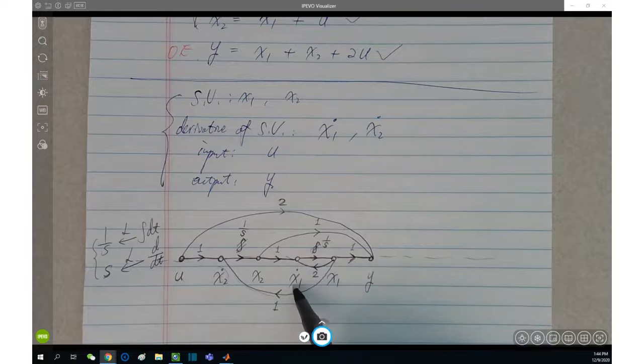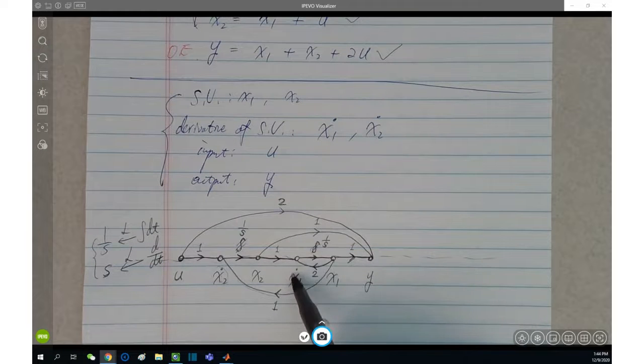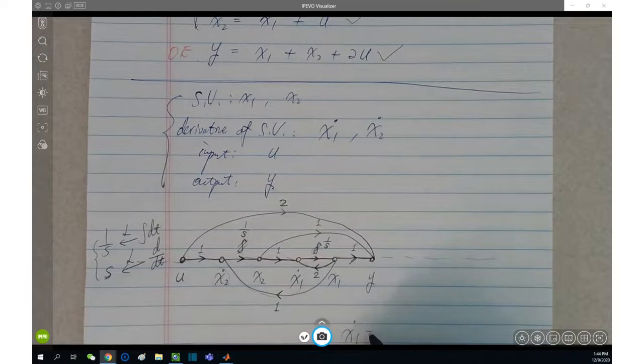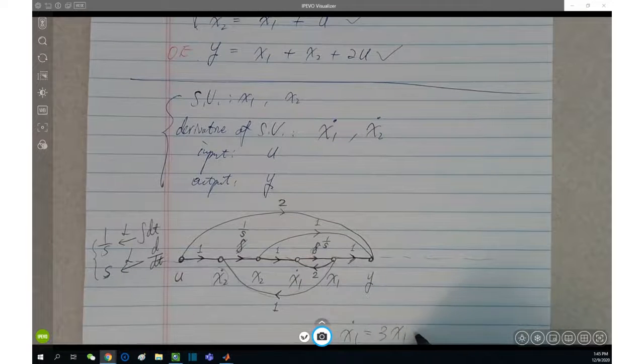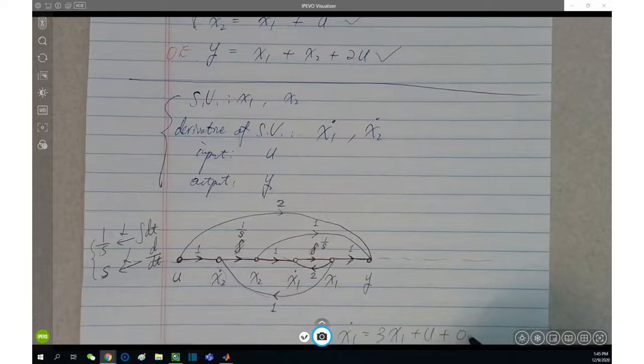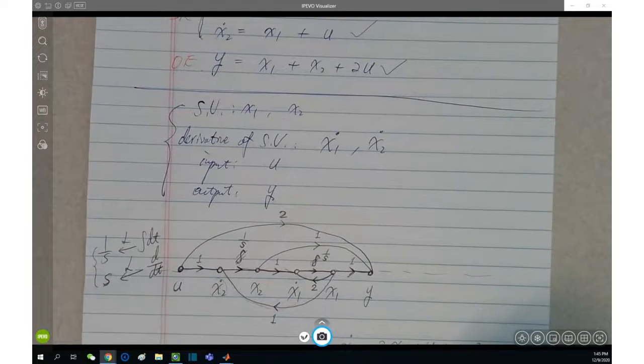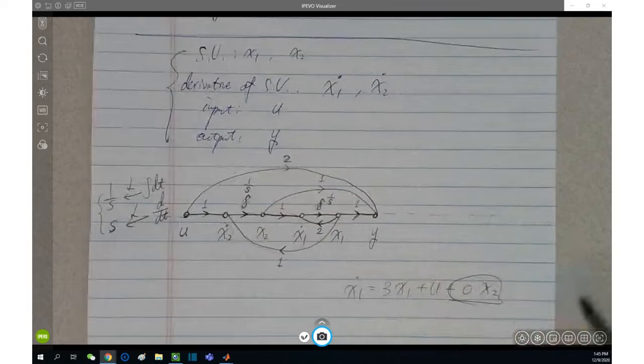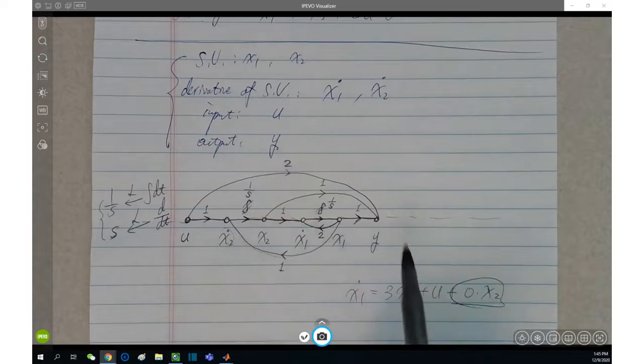So your first derivative of the first state variable might be x1 dot equals 3x1 plus u without contribution from anything from x2, right? So it's absolutely possible. In other words, it's 0 times x2, right? x2 is contributing nothing towards x1 dot. That's possible. So in this particular example, yes, nowhere is open, but it's possibly open. Okay.